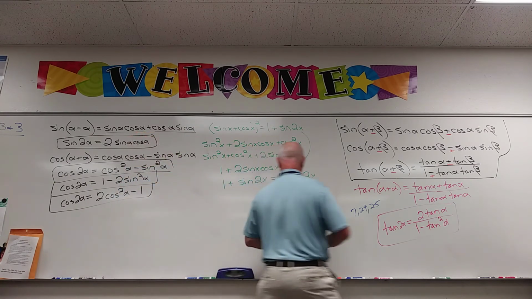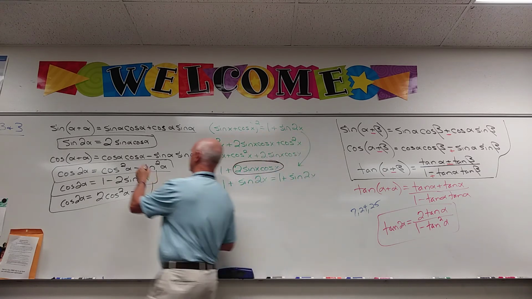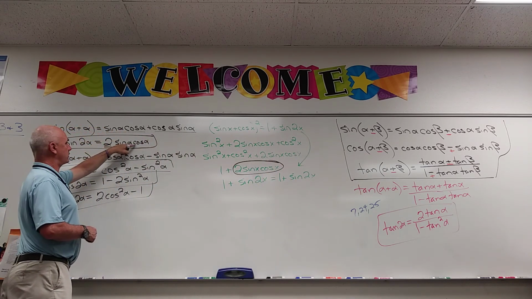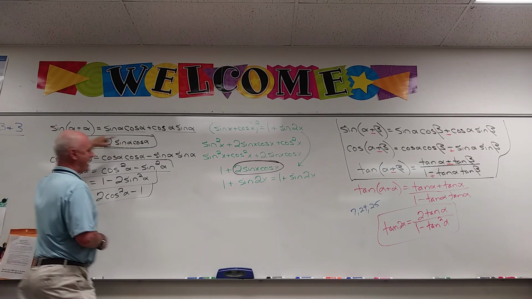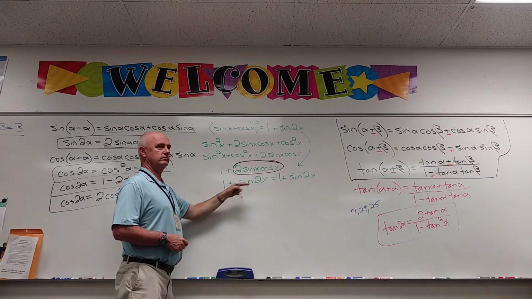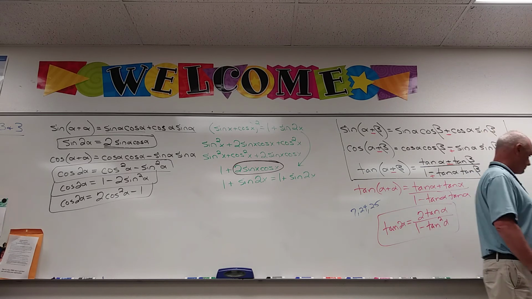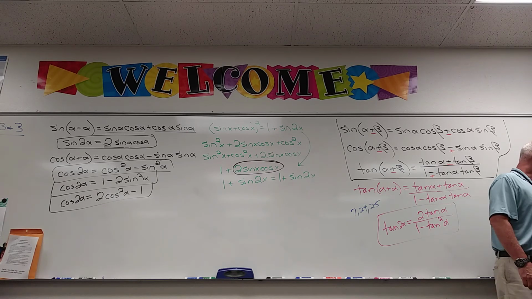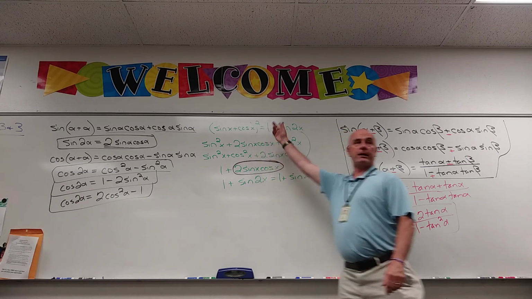We looked and we saw that this is that. And so 2 sine of alpha cosine of alpha is sine of 2 alpha. So we just took that and put it in instead of that. Yes? Cool. Let's do that one. All right. Anything else on green?